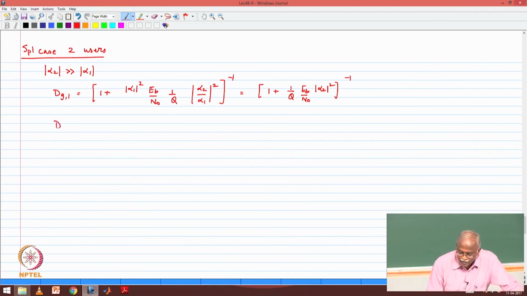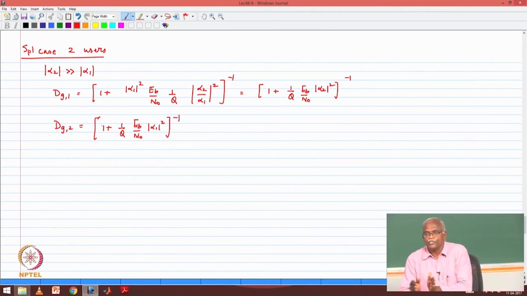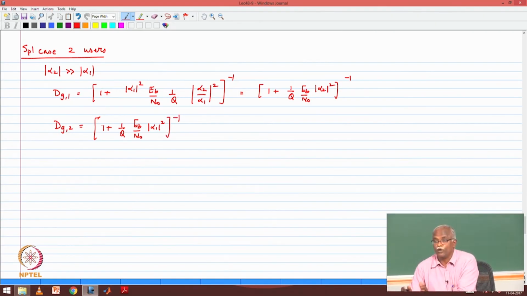So, you can write down the degradation of SINR 2, this will be 1 plus 1 over q EB by n naught mod alpha 1 squared, inverse. Okay. And now, if you extend this to more than 2 users also, the trend will follow.